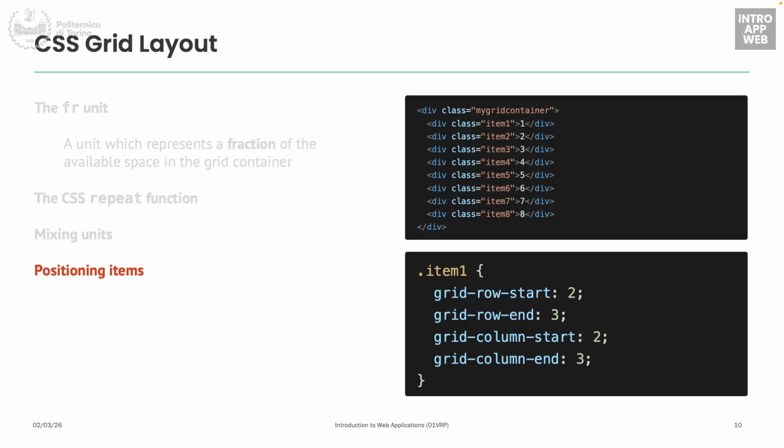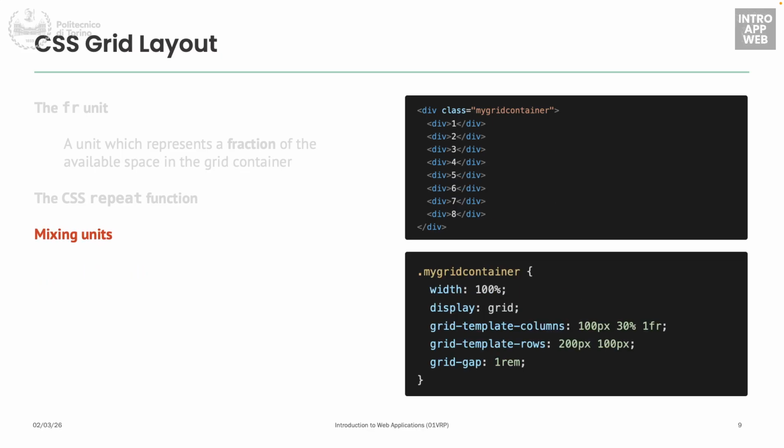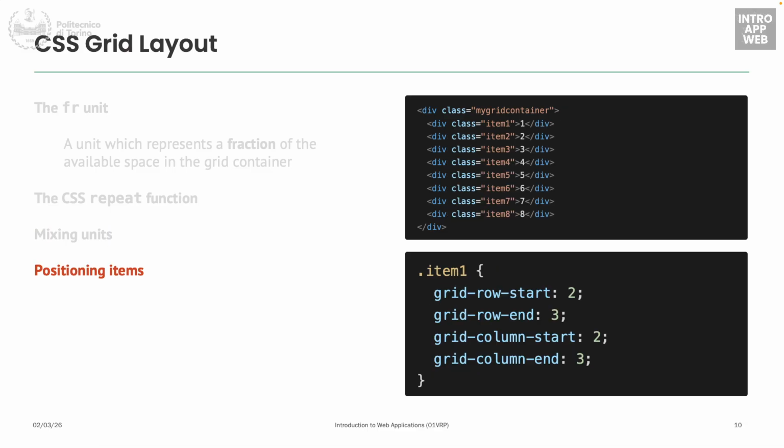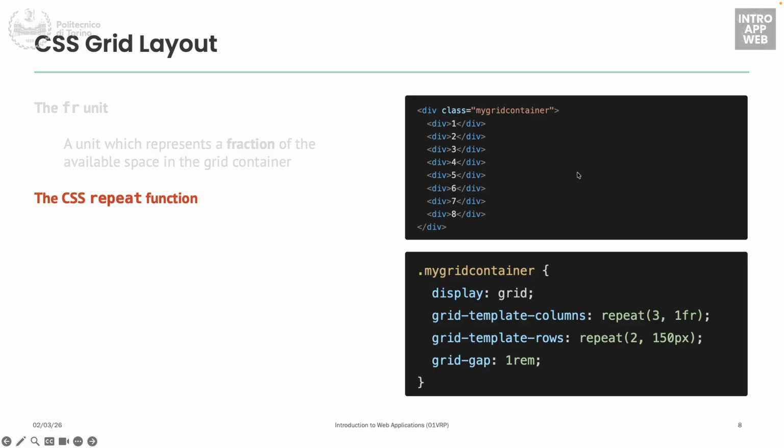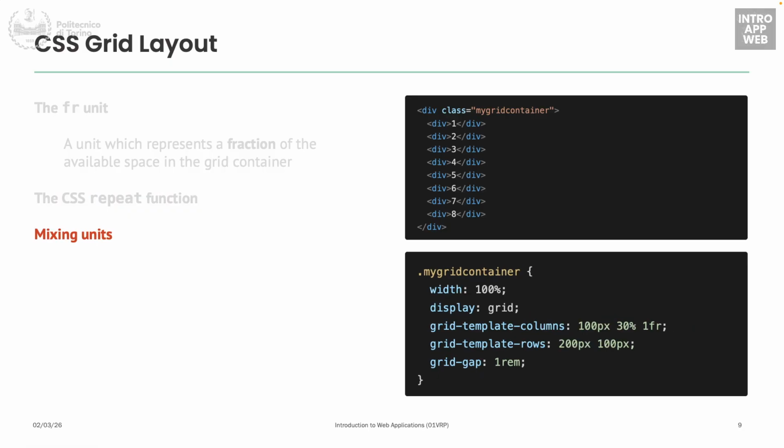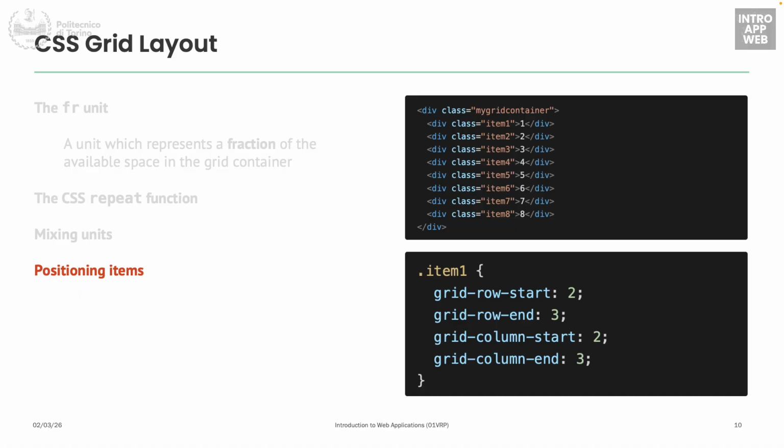And then, what do you think this one is for? Pay attention that in this one, we are applying this property to the bigger container, no? Instead, here, we are applying these properties not to the container, but to each element, no?